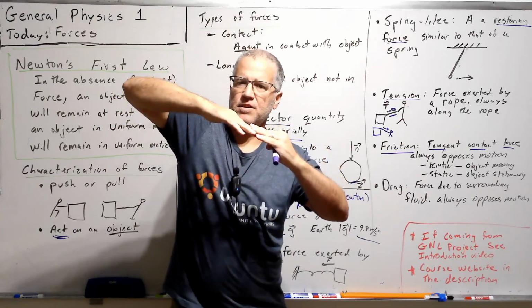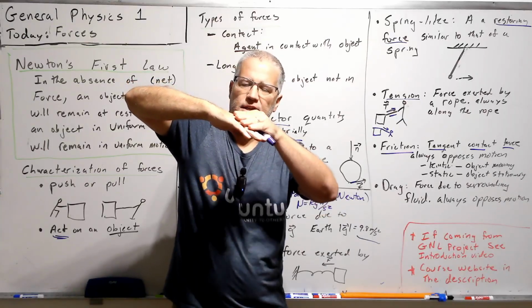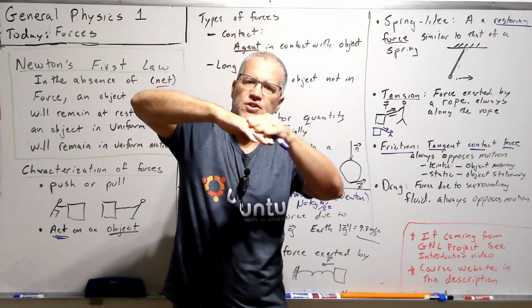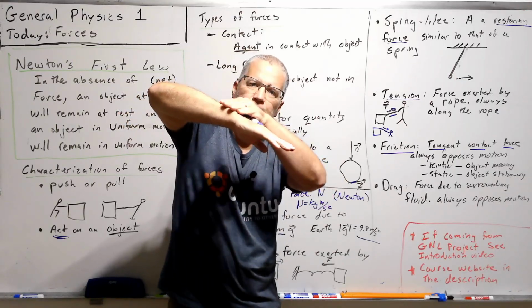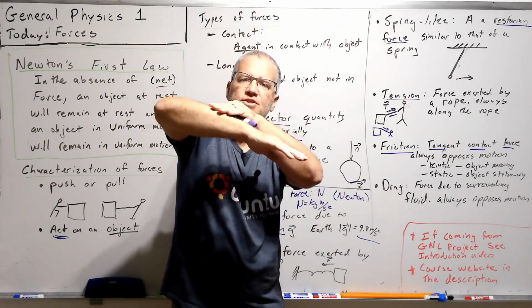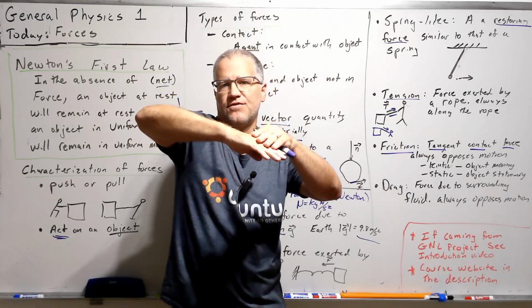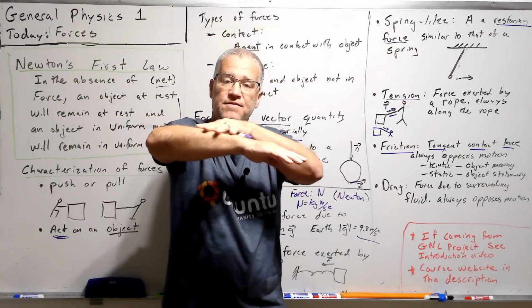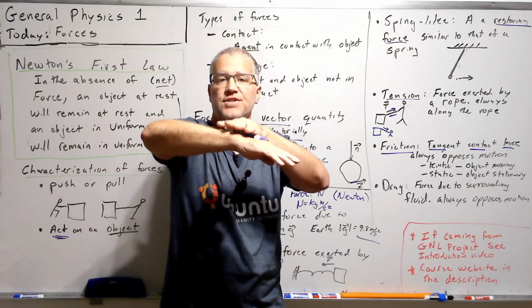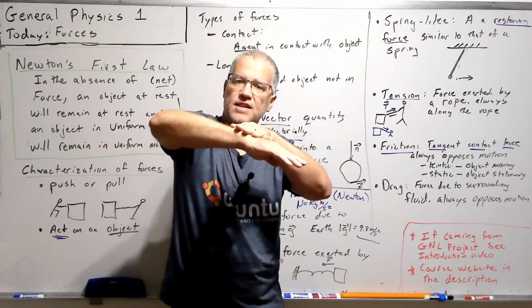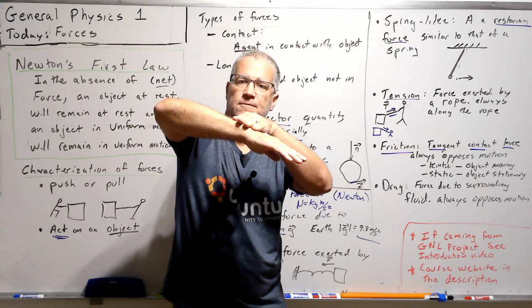If it was an iced over 2x4, as soon as we lift up at an angle, that box is going to start to slide down because there's no friction there. The ice is almost frictionless. But if it's not iced up, there's some friction between the wood surface and the box itself. So we can lift it up like this, and the box will just sit there.